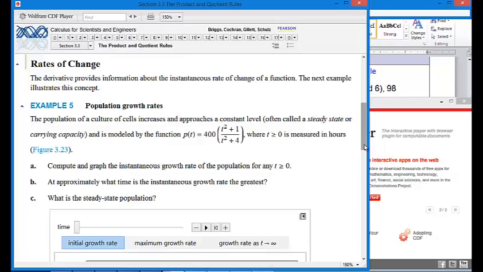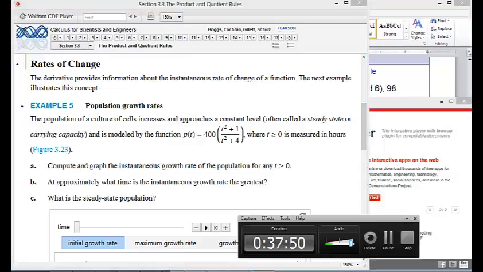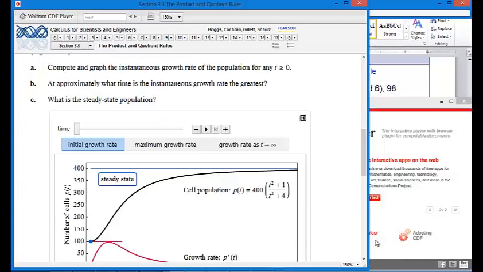So when you look at this, they call this blue line the steady state. You guys see that? What's going to happen as t goes to infinity? Eventually this guy here is going to move until we're really close to 400. That's an asymptote. Right? Now what we don't know is how many hours it takes.